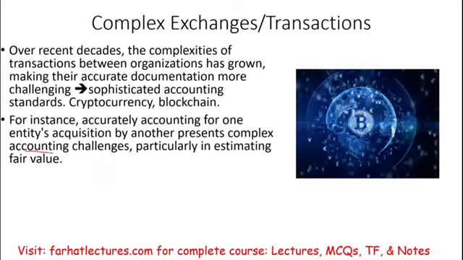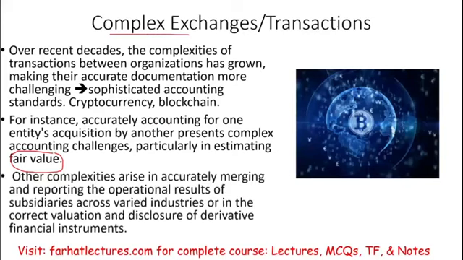For example, how do you determine the fair value of assets and the fair value of liabilities? A lot of estimates and judgments take place. That's considered a complex transaction, especially in mergers and acquisitions. Also, if you are dealing with financial instruments, derivatives, correct valuation of these accounts becomes very complex. Therefore, information risk goes up.